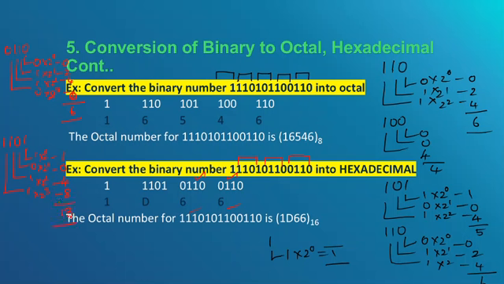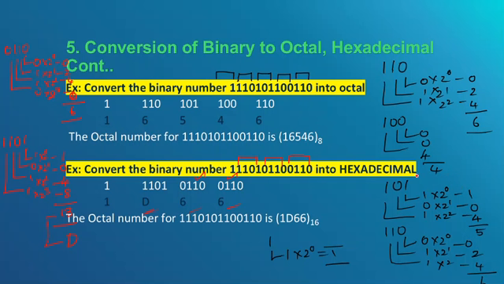We don't have the number 13 in hexadecimal, so 13 will be represented as D over here. Finally, it is 1. So the final answer for the given binary number in octal is 16546, and for hexadecimal it is 1D66.